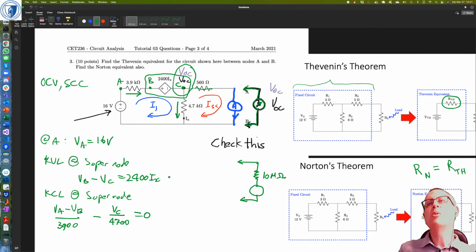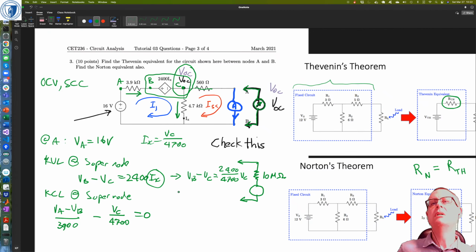Now we've got a slight problem in this one because we've got IX, but we know that IX is just equal to VC on 4700. Okay, so really we can write this equation out as VB minus VC equals 2400 on 4700 VC, or we can move that across.